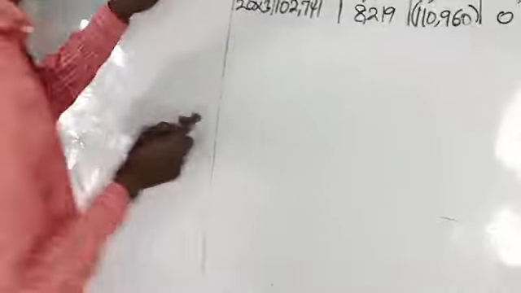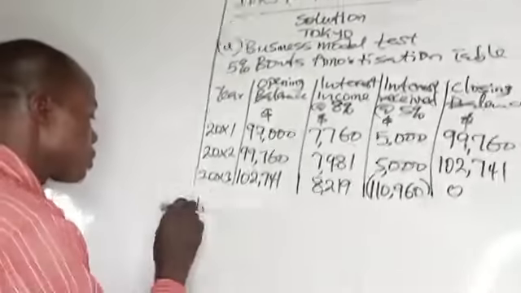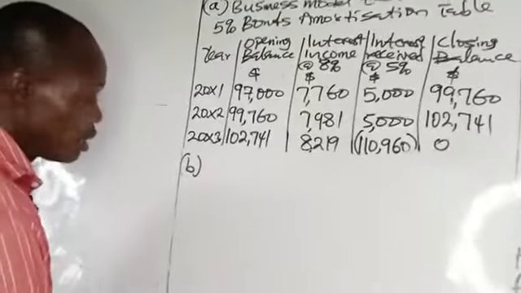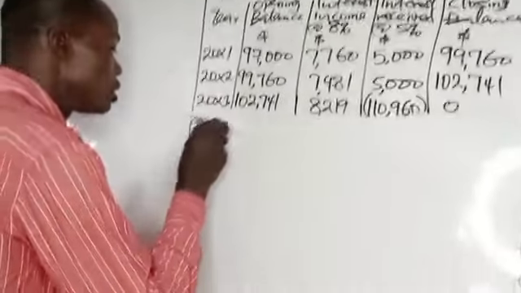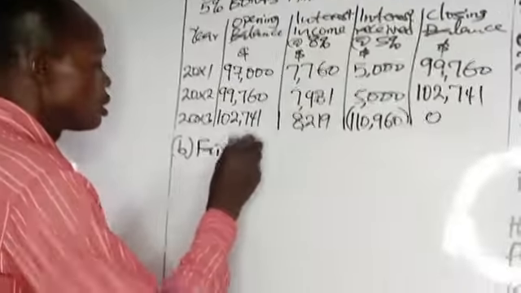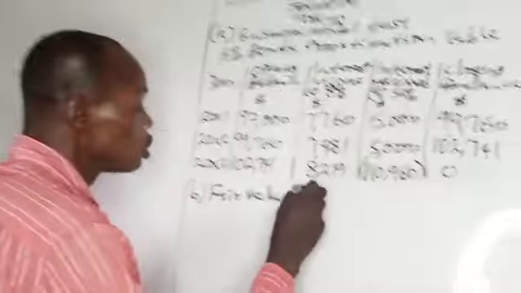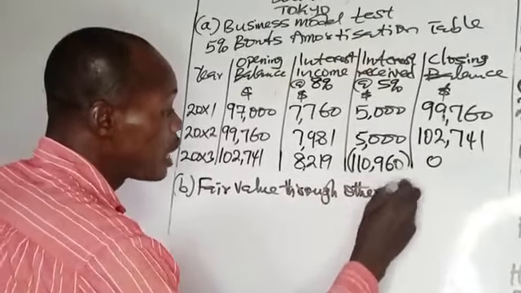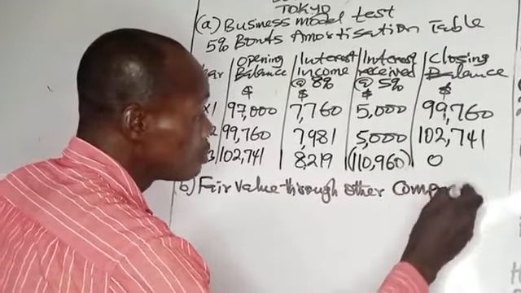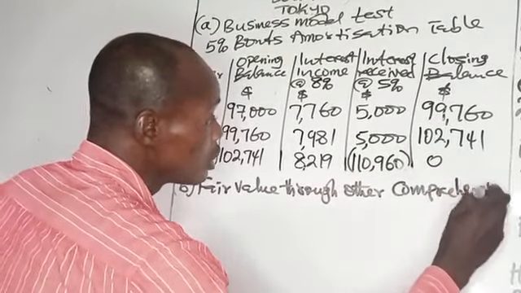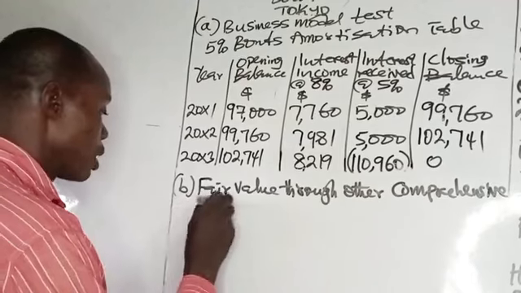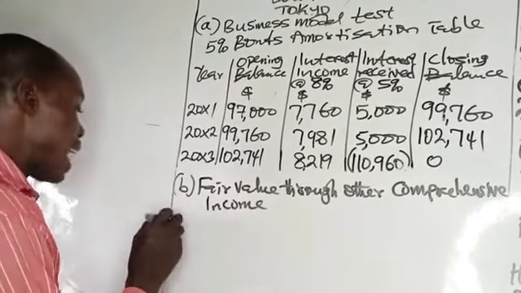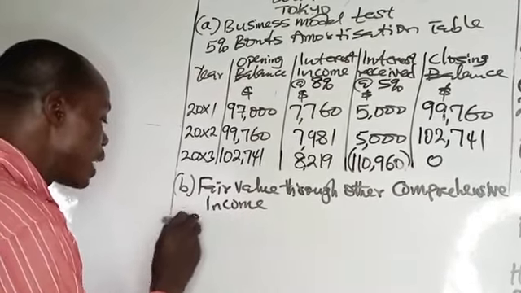So if you want to measure it as fair value through other comprehensive income, we said the two tests under this is one, business model test.